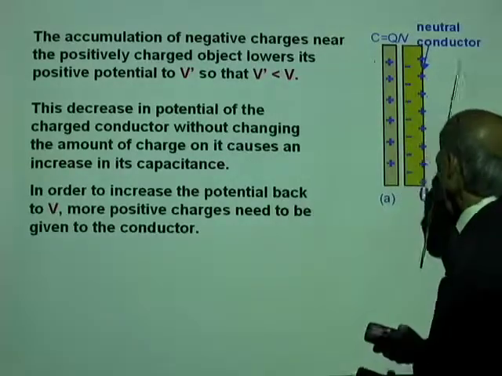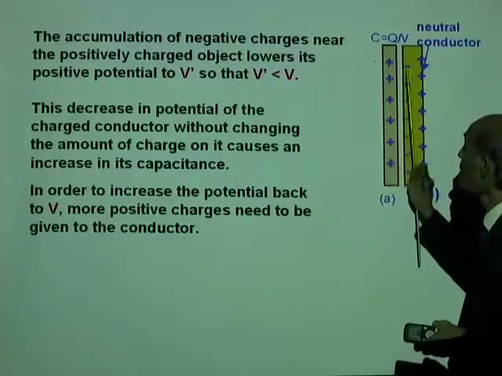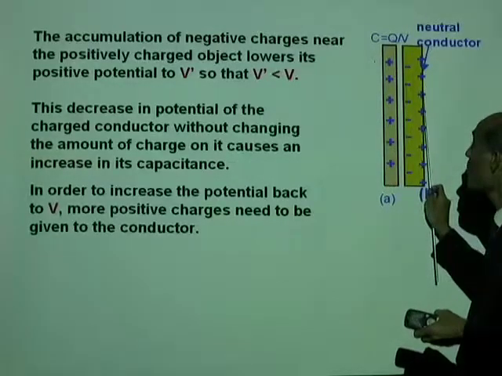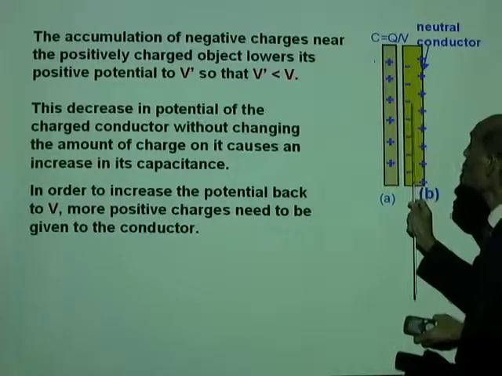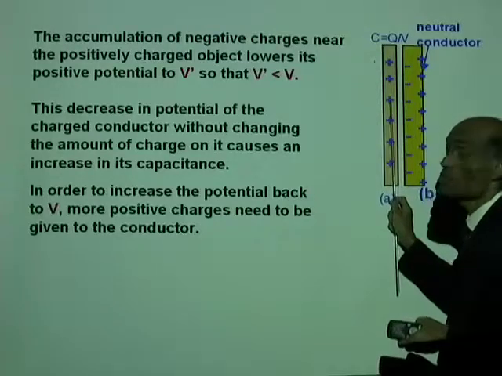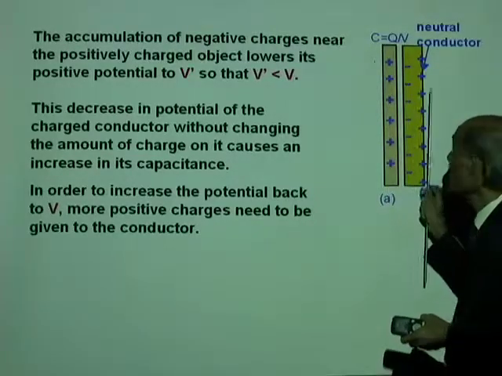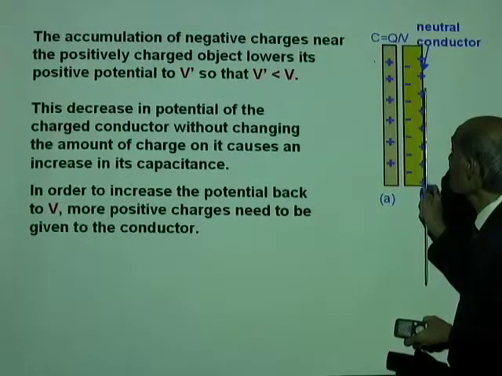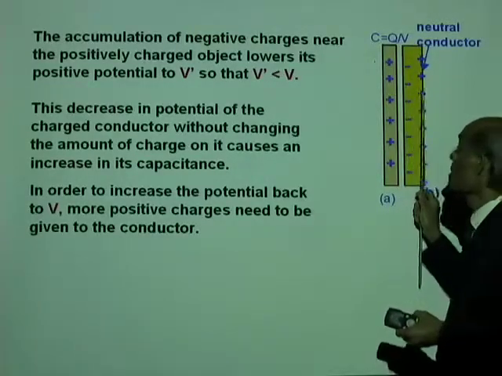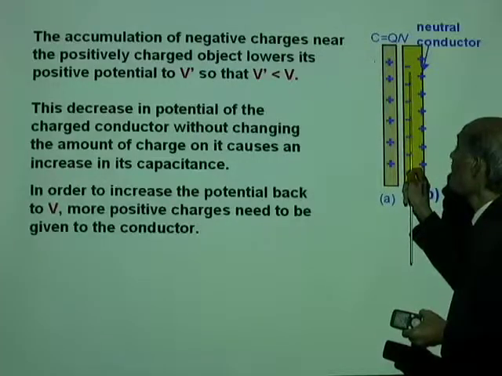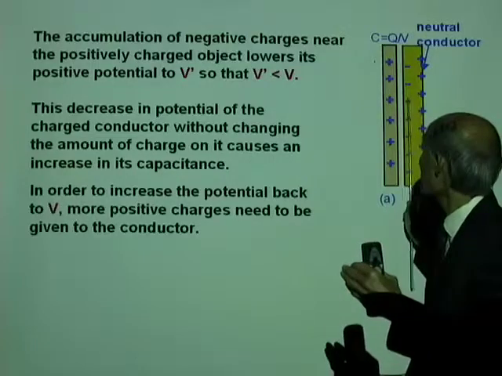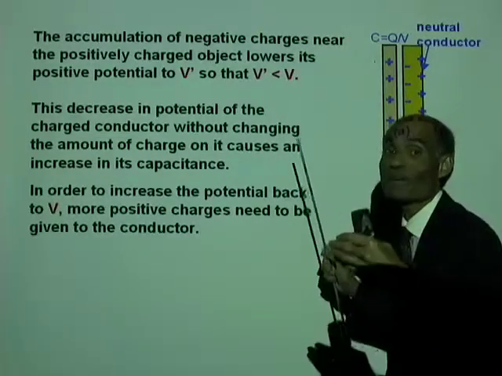We can do that. You see, these positive charges are under the influence of these negative charges and these positive charges. These negative charges produce a negative potential on this charge, and these positive charges produce a positive potential. Because the negative charges are closer, the negative potential produced by the negative charges will dominate.